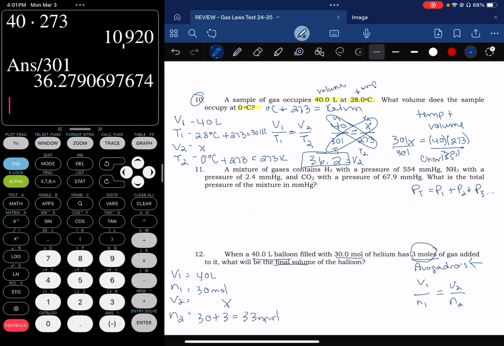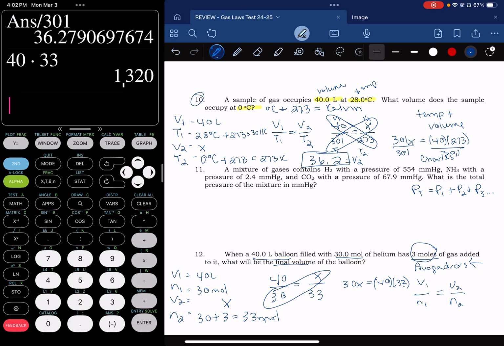We're going to assign x to our unknown value, and now we plug this into our formula. We cross multiply and divide. We get 30x equals 40 times 33. 40 times 33 is 1,320.